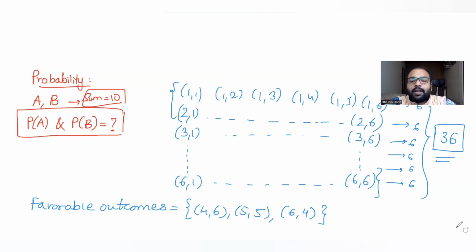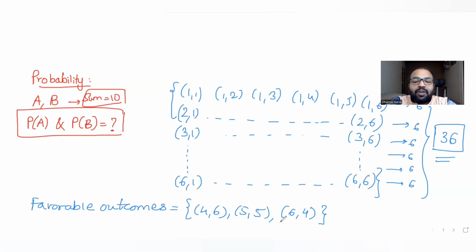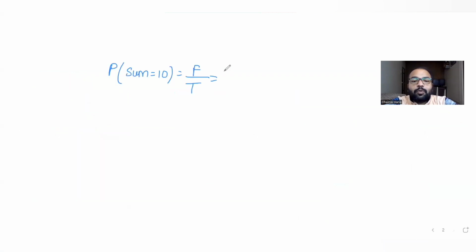So probability of getting a sum of 10 is equal to favorable outcomes upon total possible outcomes. In this case, I have 3 favorable outcomes, so probability becomes 3 upon the total outcomes of 36. That makes it 1 by 12.